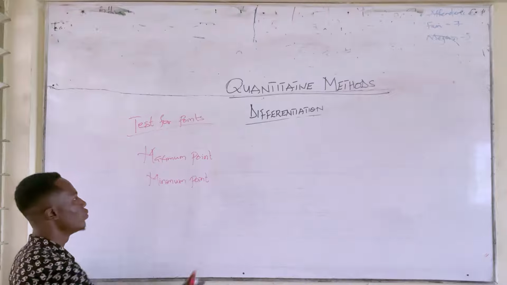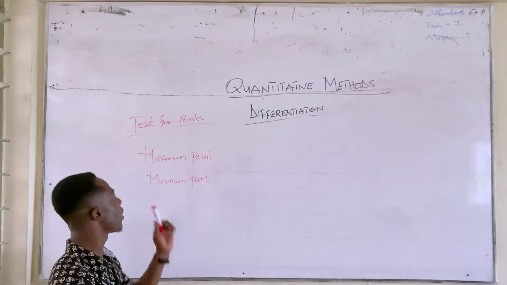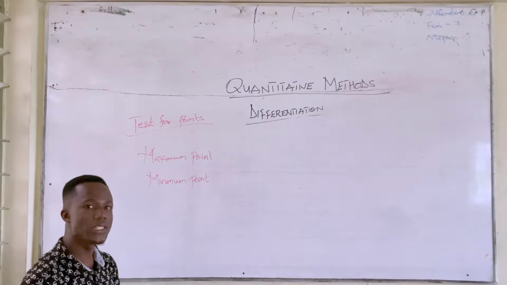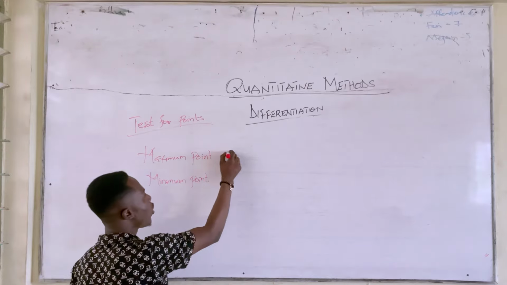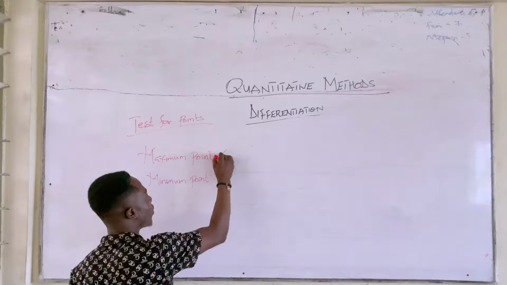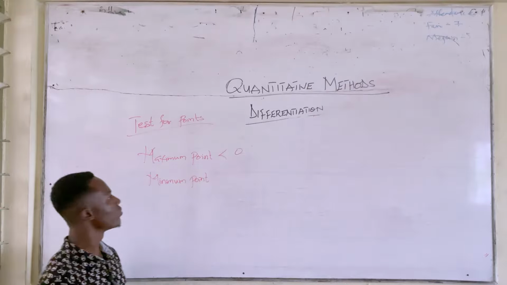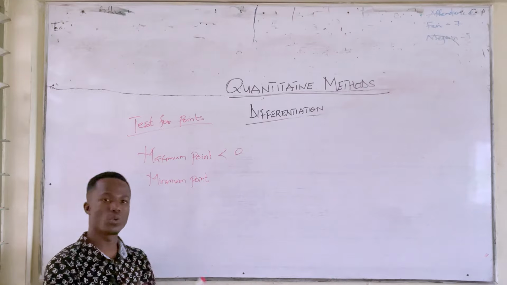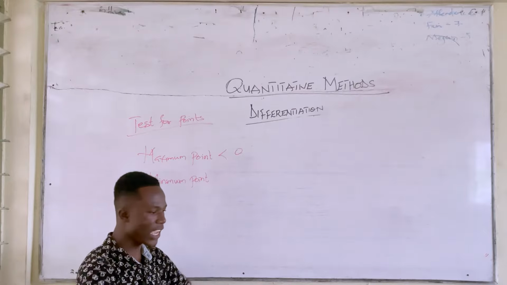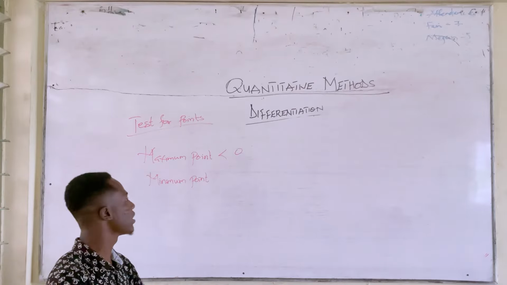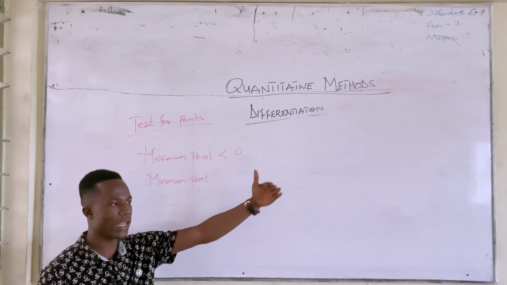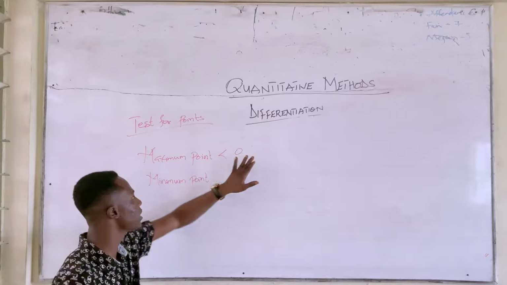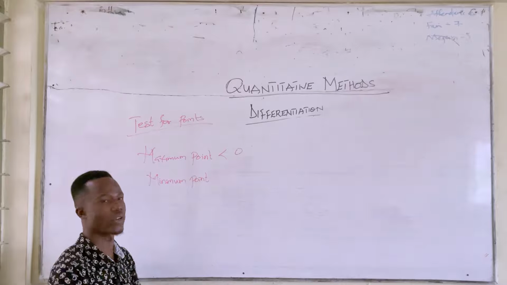Okay, we say whenever a point is maximum, it means the second differential of that particular point is always less than what? 0. Do you get it? It means if you find the second differential of any function and the number that you get is less than 0, or any negative number, it means that point is a maximum point.